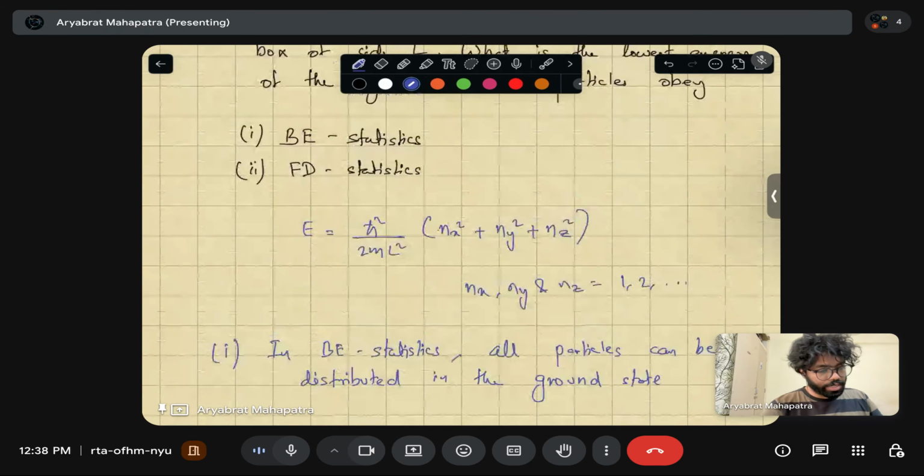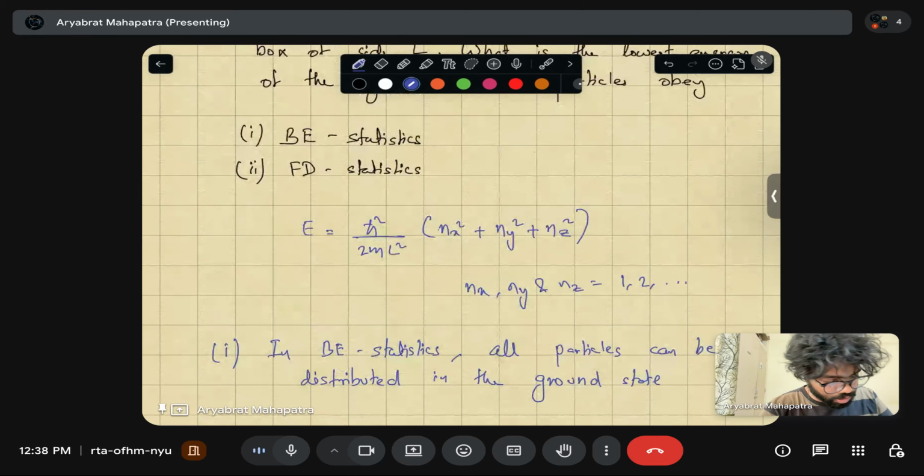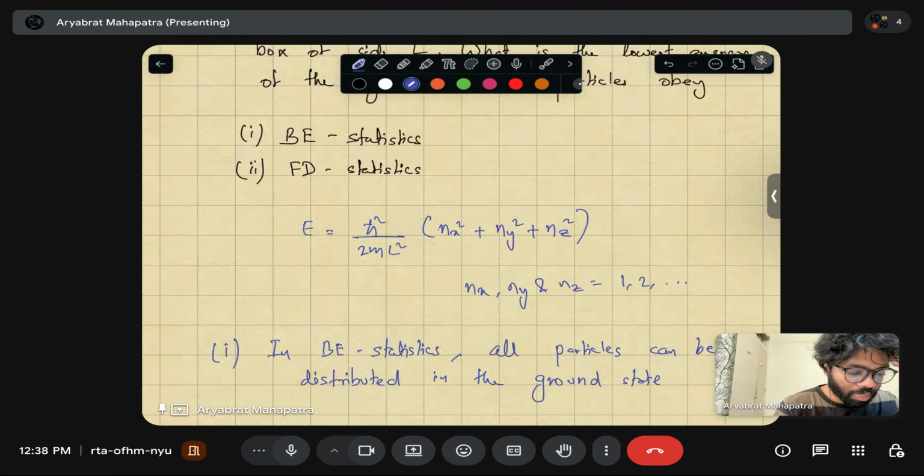So what is the ground state here? Since this is a cubical box, you will have degeneracies, unlike the 1D infinite well, where you do not have any.